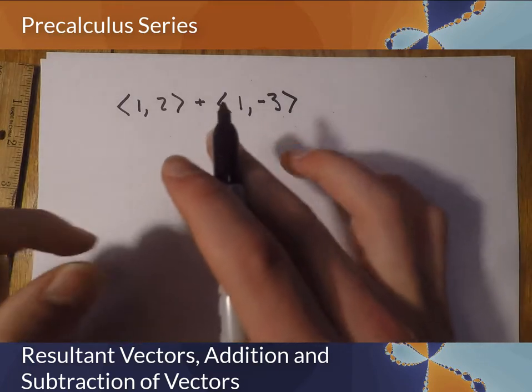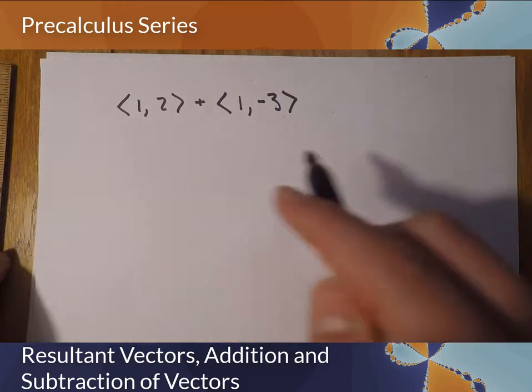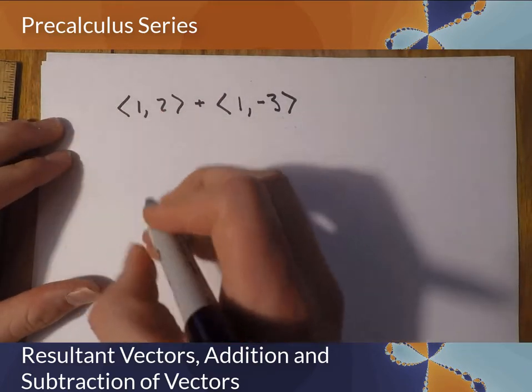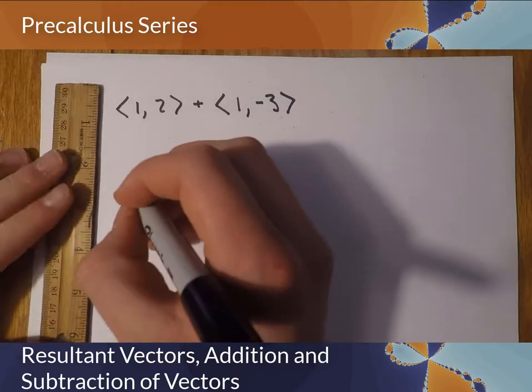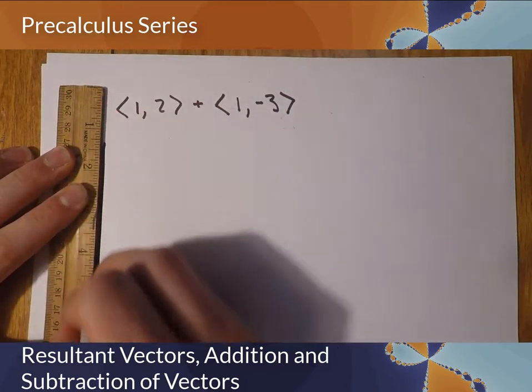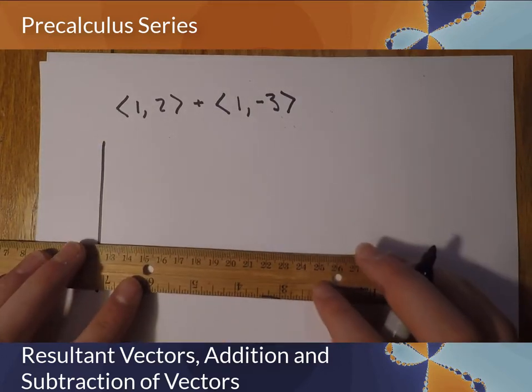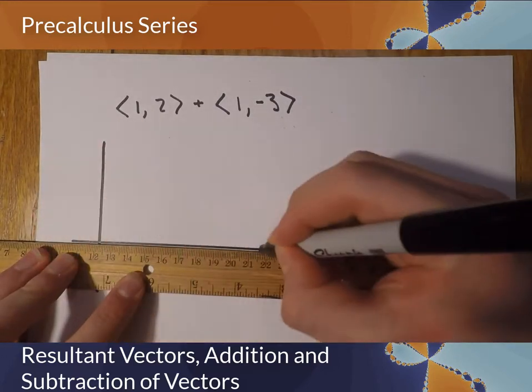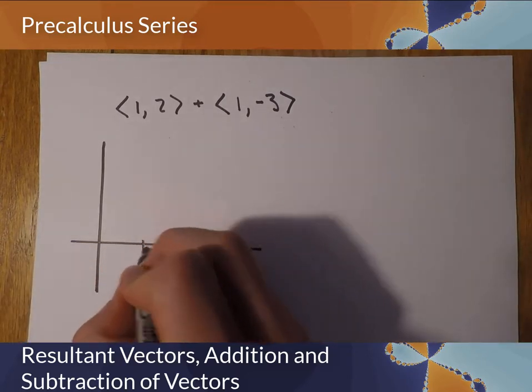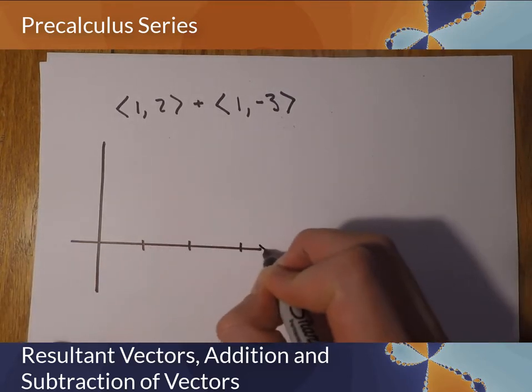But don't worry, you can still use the same two methods that I showed you. So if I were to use the tip to tail method with this problem, I'm going to draw a nice Cartesian coordinate plane, and I'm going to label my axes like this.